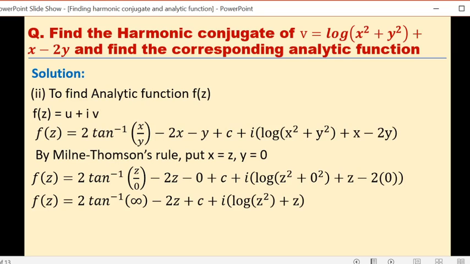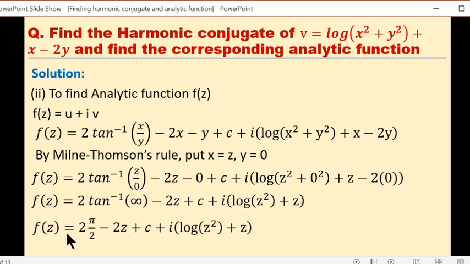Tan inverse of infinity. Pi by 2. Very good, Jeet. So, yes, Ankit. Shubham, Abhinav, Amit, pi by 2. Anupam, yes.